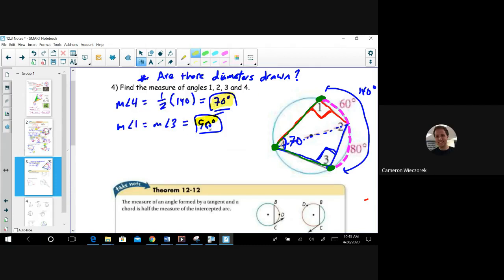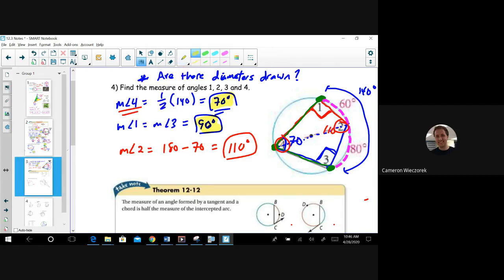Okay. To get angle 2, I would just do this the quickest way possible. You have a quadrilateral inscribed in a circle. That means that these opposite angles, angle 4 and angle 2, have to be supplementary. So all I'm going to do is subtract from 180. 180 minus angle 4, 70, tells me that angle 2 has to be 110 degrees.